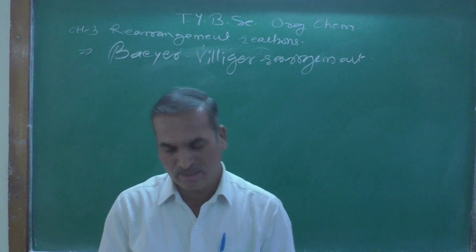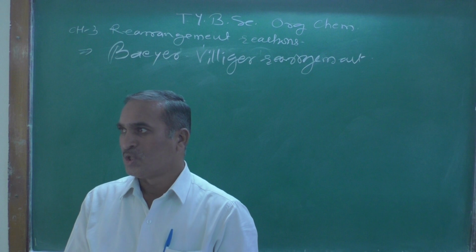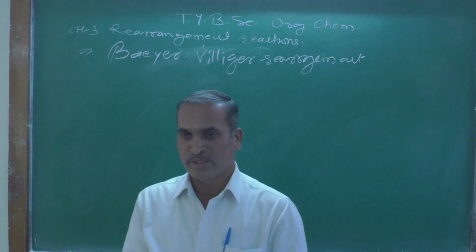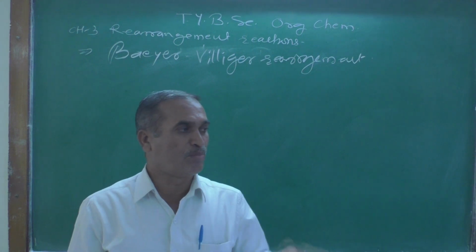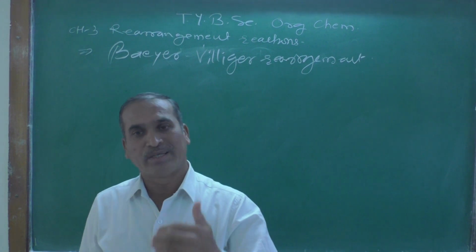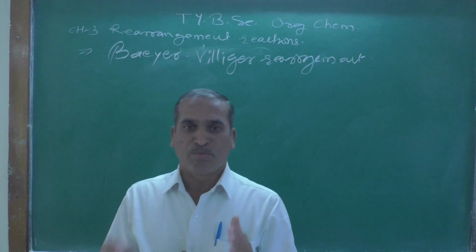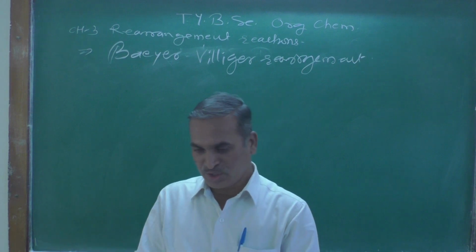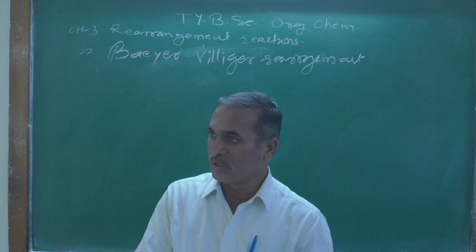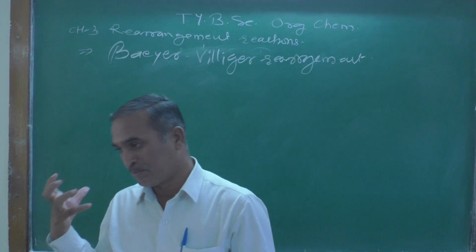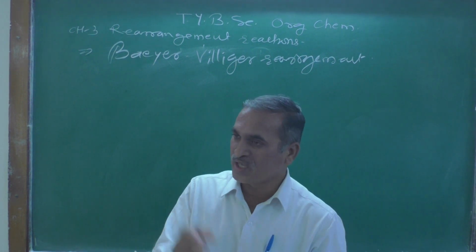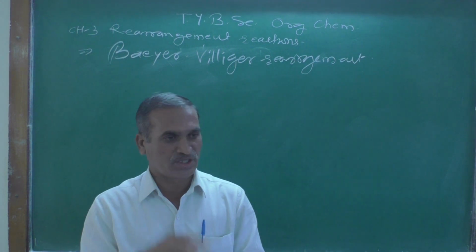And why is this important, what are the important points to remember regarding the Baeyer-Villiger rearrangement reaction, or why it is referred to as the Baeyer-Villiger oxidation reaction, and what are the starting material and the product obtained?